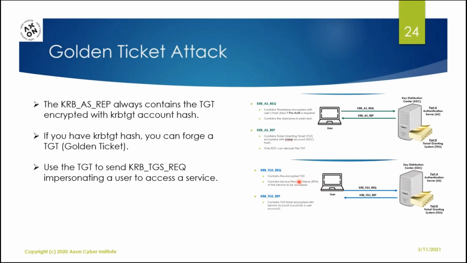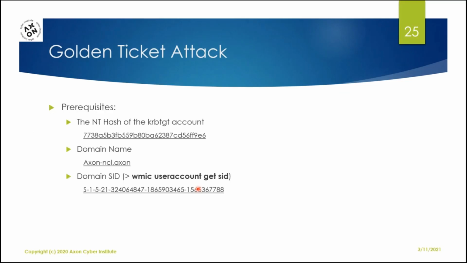I am Mike, I am John, I am David, I am anybody in that domain. And the KDC is going to believe that I am already authenticated as that user, and I'm going to have access to all the privileges that the user I am impersonating has. This is in essence what the golden ticket is.